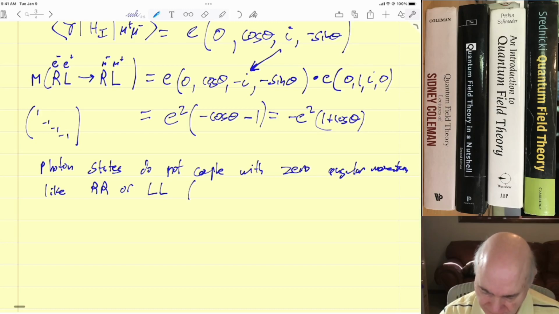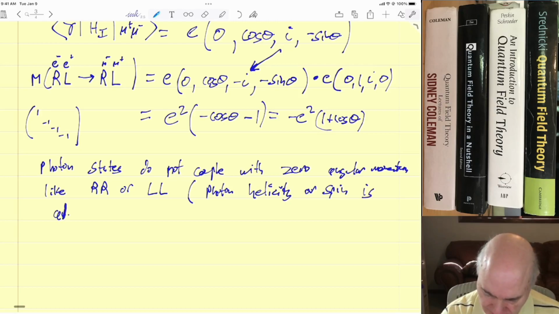You can think of the photon as having helicity or angular momentum along or opposite the direction of motion.